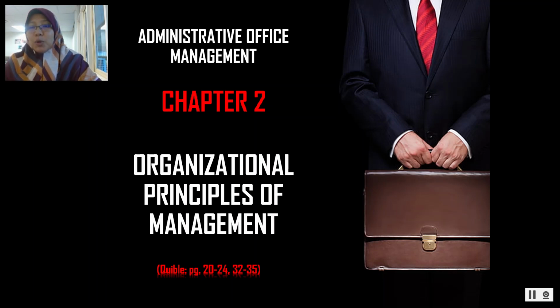And we also know what are the challenges facing the administrative office manager, as well as the qualification and the professional and educational background for administrative office manager. Okay, so that's what we have learned in chapter 1.